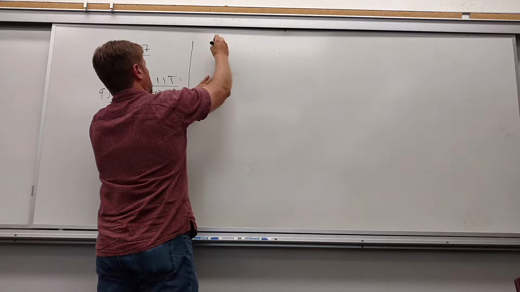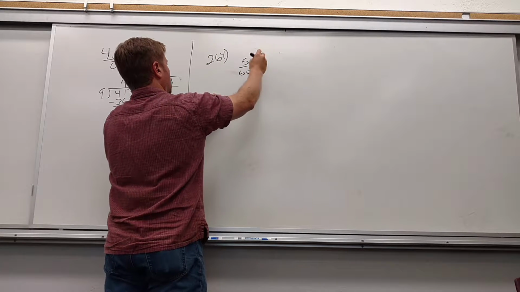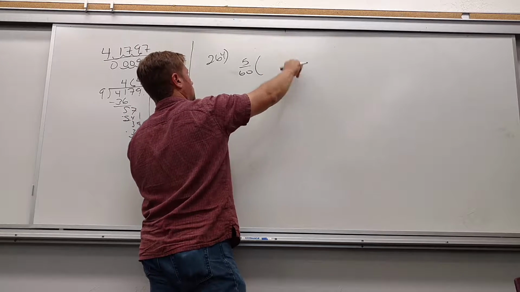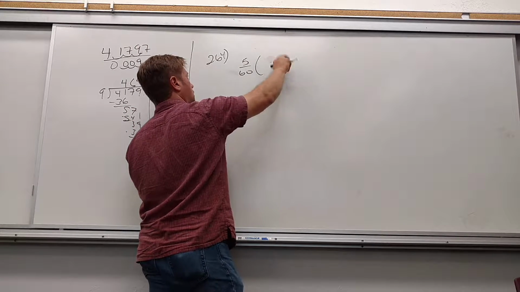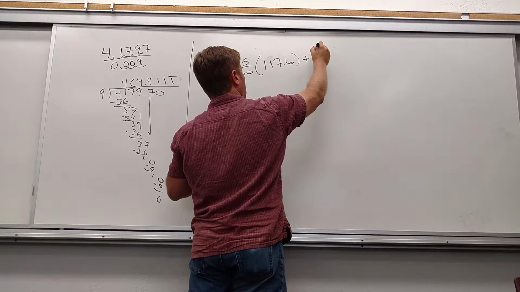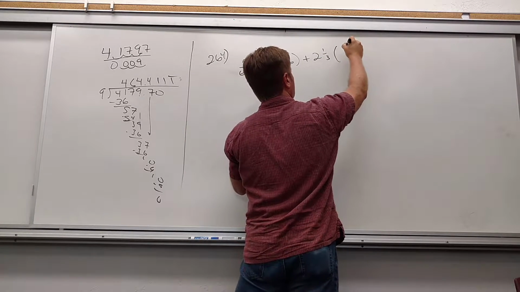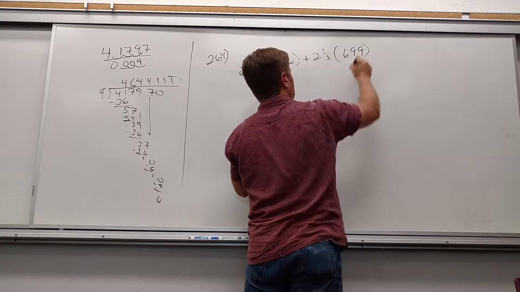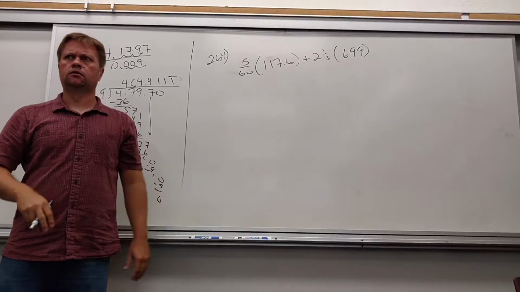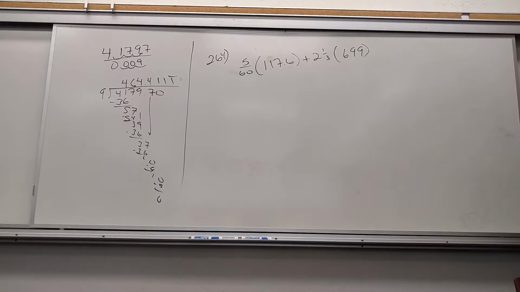It's 5 over 16, parentheses, 117.6, close the parentheses, plus 2 and 1/3, and parentheses 699. Like that. Okay. Yeah, let's scroll. Okay, so this is section 5.3, is that what you said? Okay.